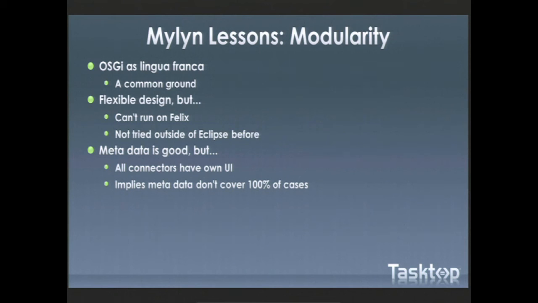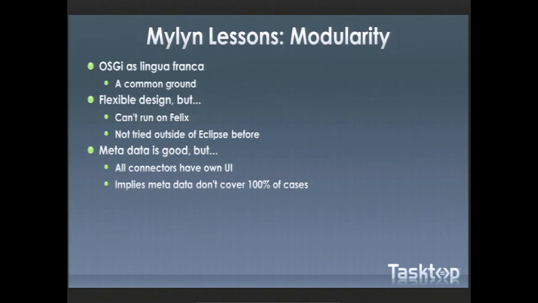Mylyn, flexible design. I wish the NetBeans modules had some such clear separation between UI and the core part. We don't have it. So reusing our modules inside of Eclipse probably would not be that easy. Some problems which I can describe is that Mylyn cannot run on top of Felix.